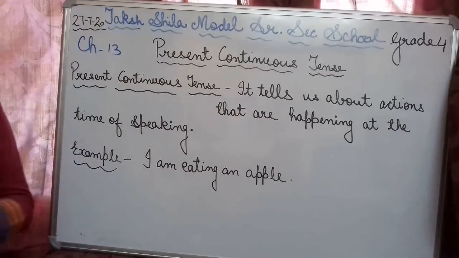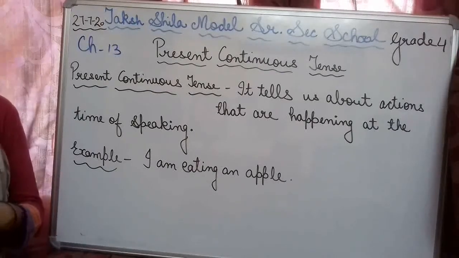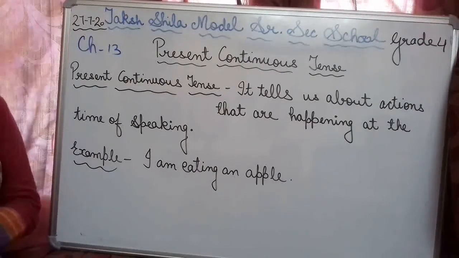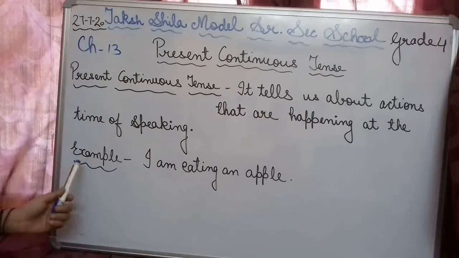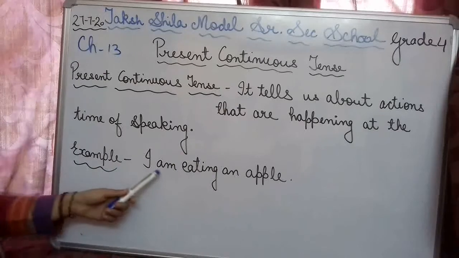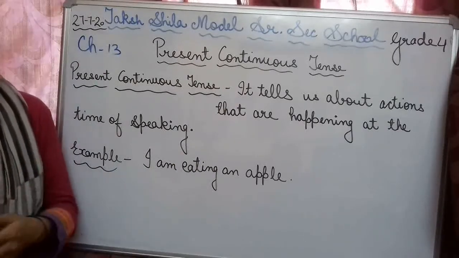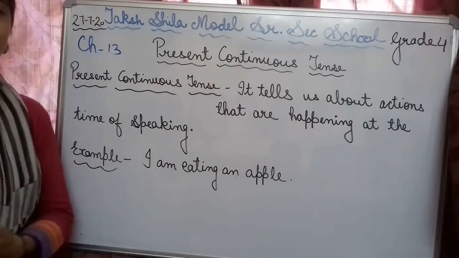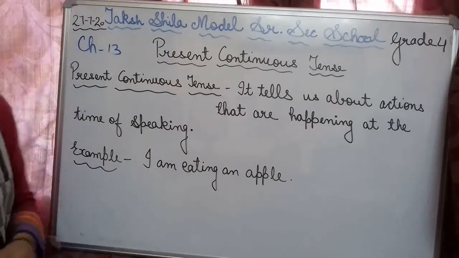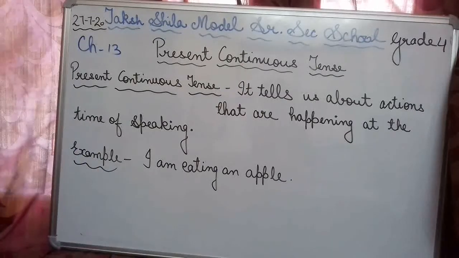That is known as present continuous tense. Example, I am eating an apple. मैं apple खा रहा हूँ, right? So you are speaking and you are doing an action. Clear?